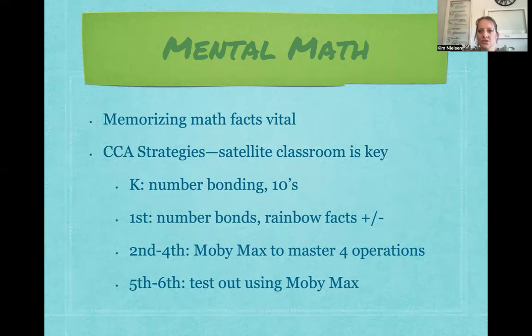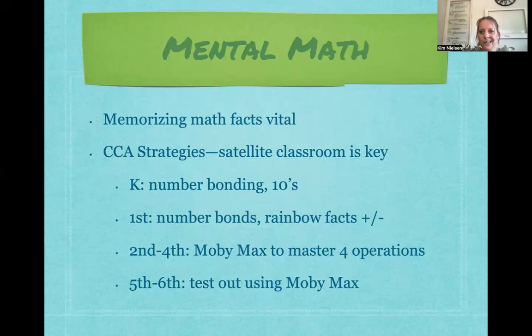And so some of the strategies that you'll see are, again, the number bonds and tens in kindergarten, moving to number bonds, adding those number bonds, doing math facts. Second through fourth, we're not using Moby Max anymore to master those 4 operations, although that's a great program to use at home if you want to and need it.